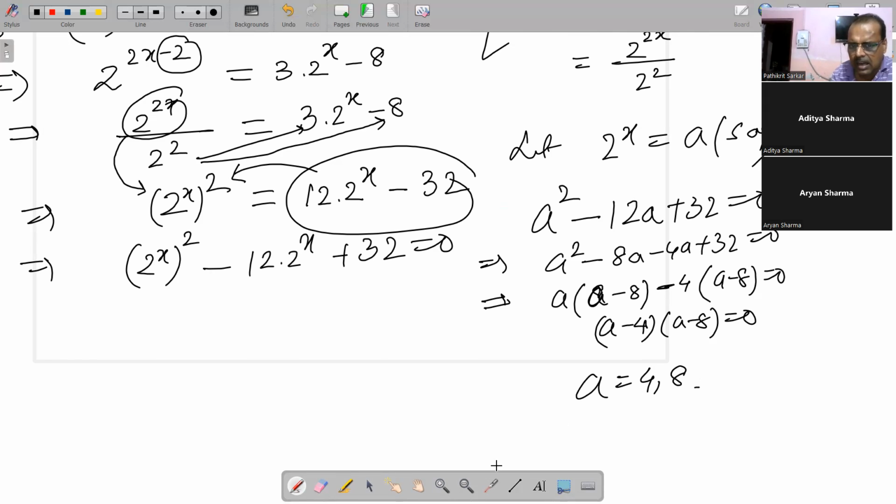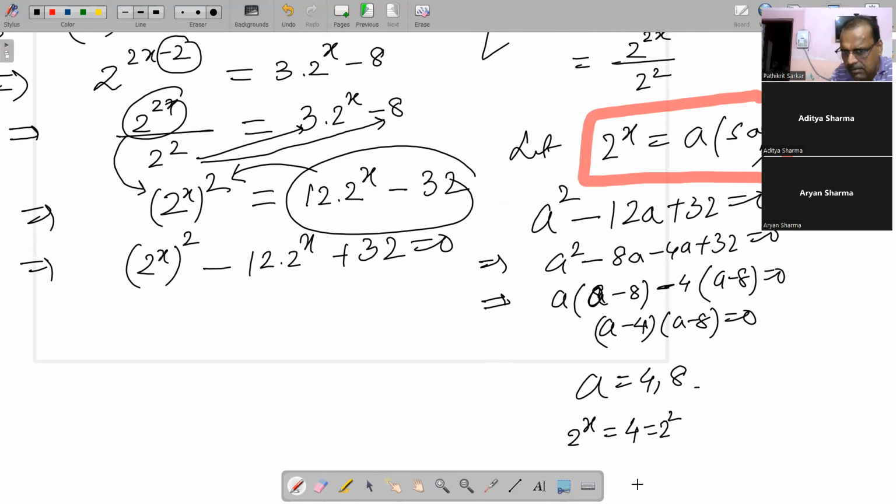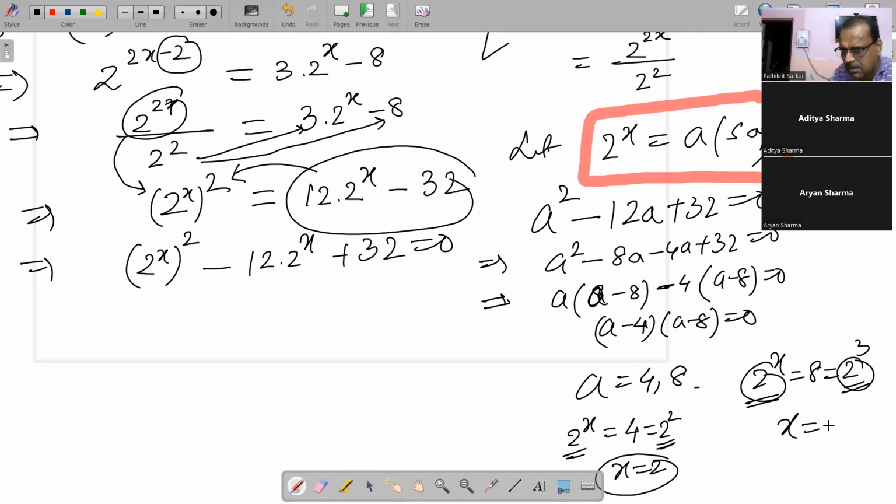अभी a का वैल्यू हम लोग लिखे थे, that is 2 to the power x is equal to a. इसका मतलब once a is equal to 4, that means 2 to the power x is equal to 4. तो इसका मतलब है सर 2 स्क्वायर. तो बेस को हमको सेम करना है, तो बेस इफ इट इज सेम, इसका वैल्यू आ जाएगा 2. एक वैल्यू आ गया. सेकेंड में 8 है, that means 2 to the power x is equal to 8. इसको हम लिख सकते हैं 2 क्यूब. तो बेस इज सेम, that is 2. 2 is the base, so x is equal to 3.